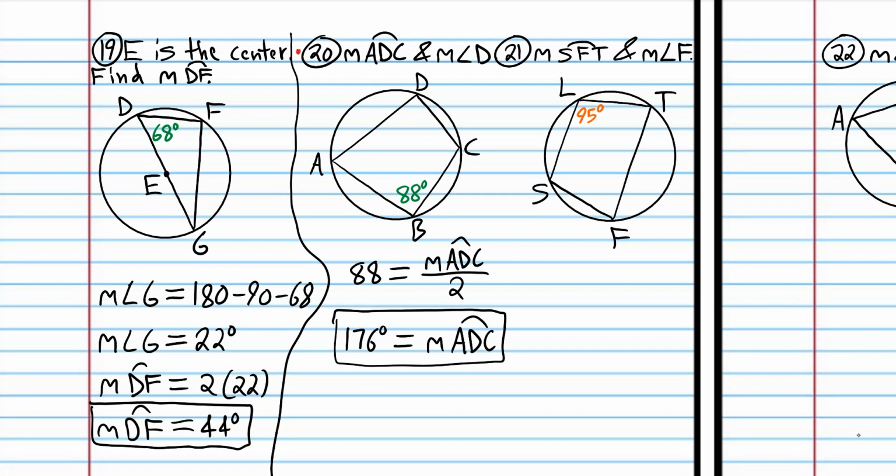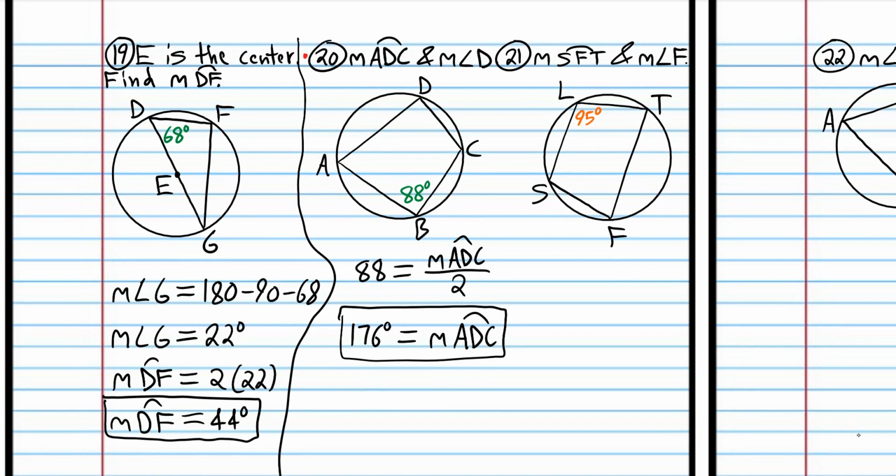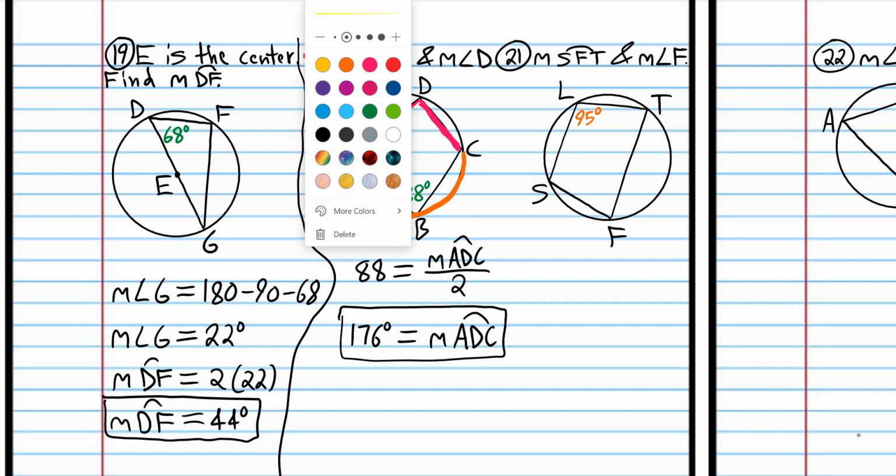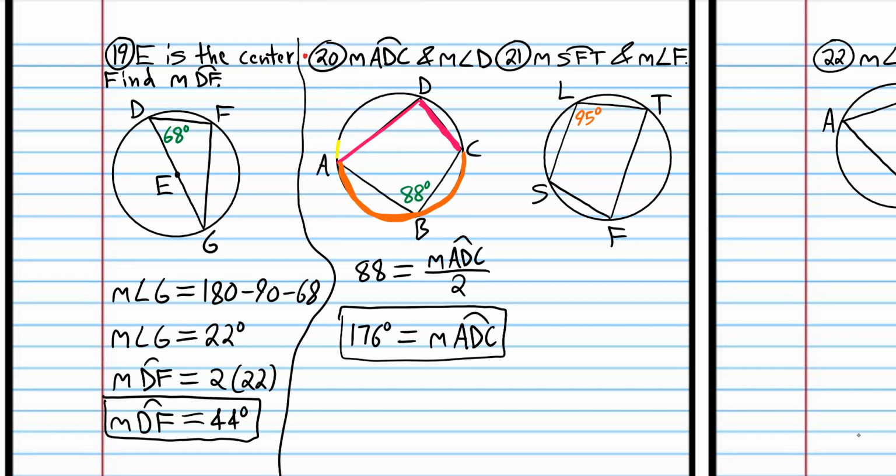The next part, we have to find the measure of angle D, this angle here, you see. Now, in order to find that angle, the measure of that inscribed angle, we need the measure of the corresponding arc. And that corresponding arc would be here. Problem is, we don't have that arc measure. We have this arc measure.